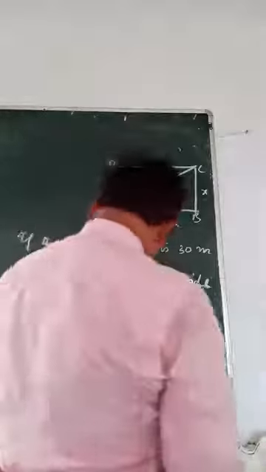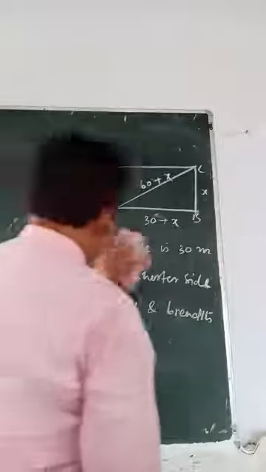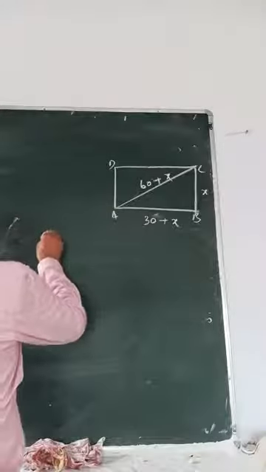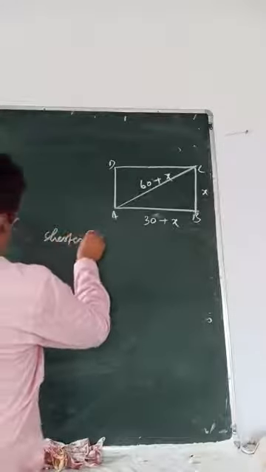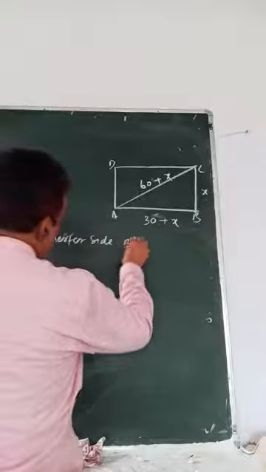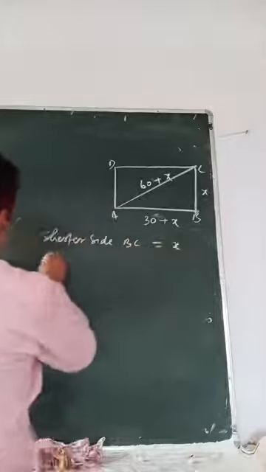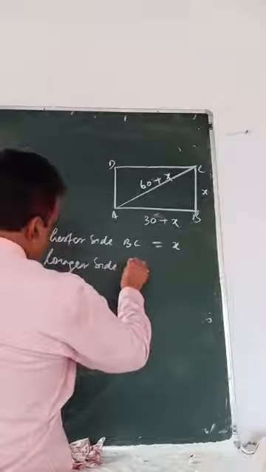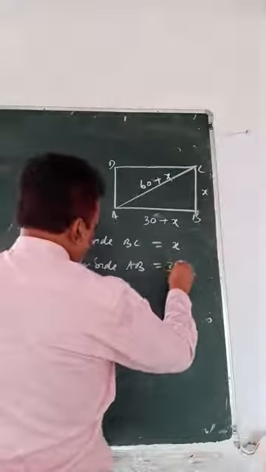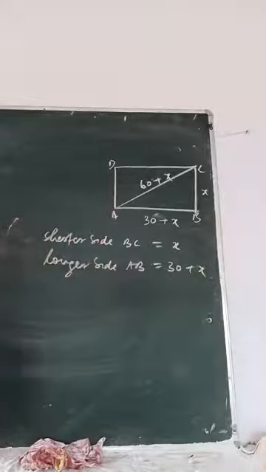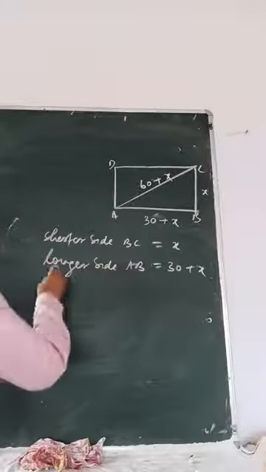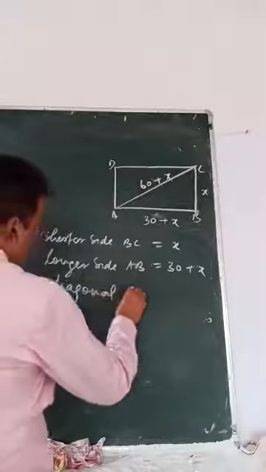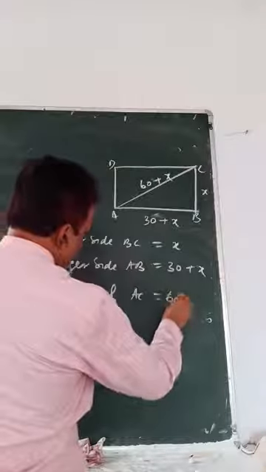Pythagoras theorem you have to use here. So write down: shorter side BC equals x, longer side AB equals 30 plus x, then diagonal AC equals 60 plus x.